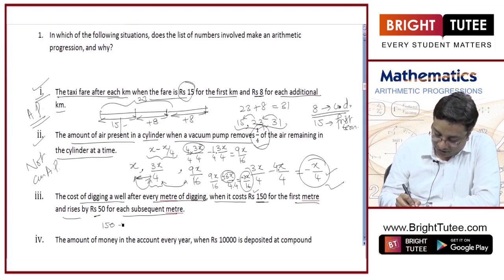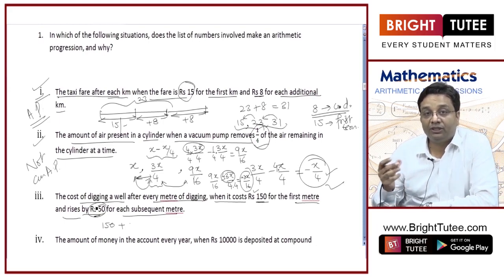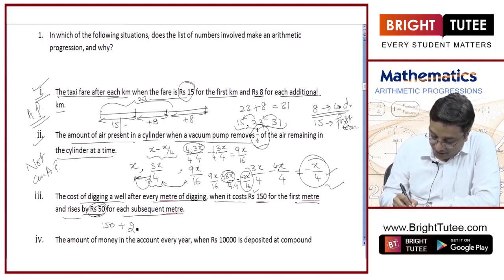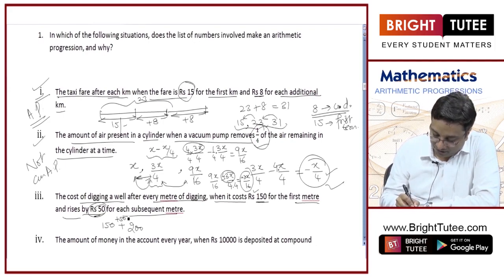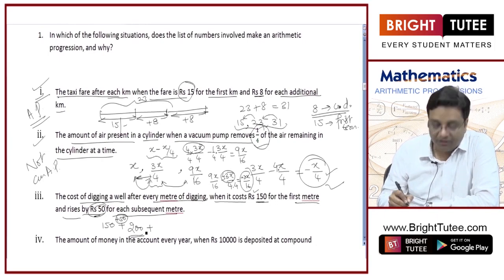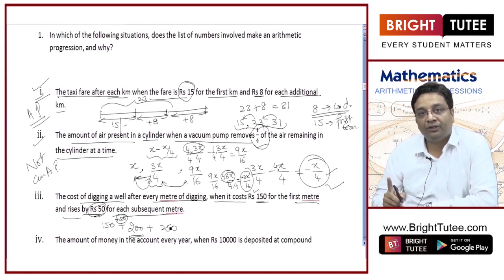For the subsequent meters, it rises by 50 for each subsequent meter. So for the second meter, he'll end up paying 200 rupees, because it will rise by 50. Now if you add 50 to this 200, for the next meter, he'll have to pay 250 rupees.